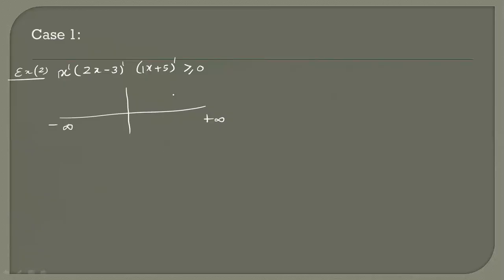Now what are the critical points? Where is it going to vanish? It vanishes at -5. It vanishes at 3/2. And x vanishes at x equal to 0. If you equate every factor to 0, you will get the critical points. So 0 is also a critical point here.